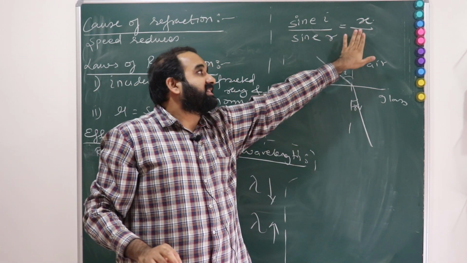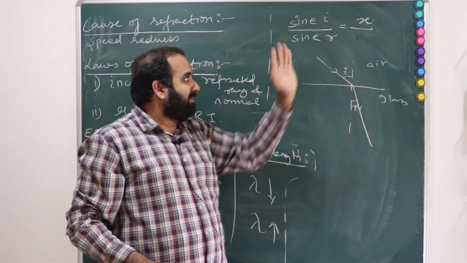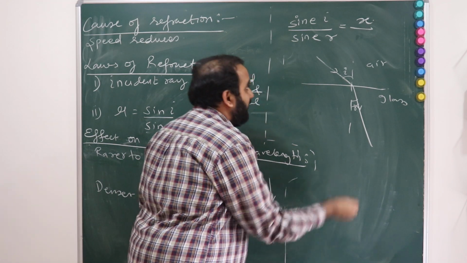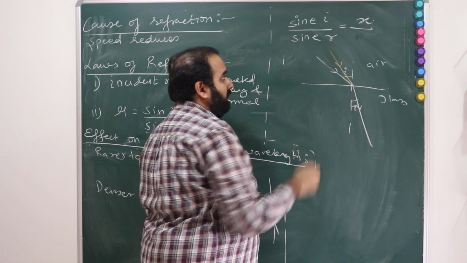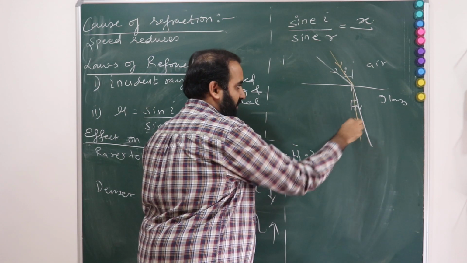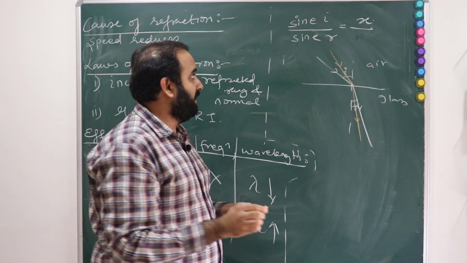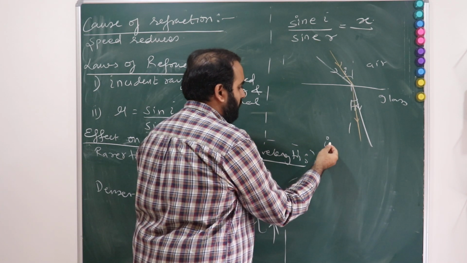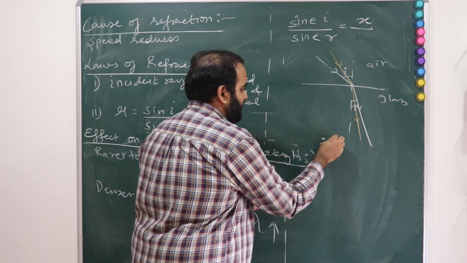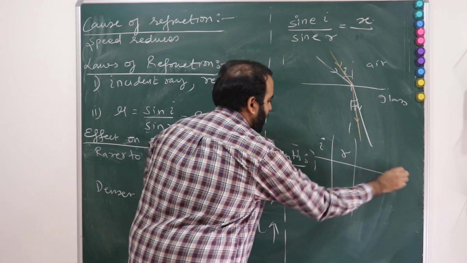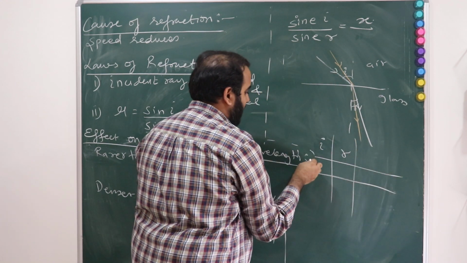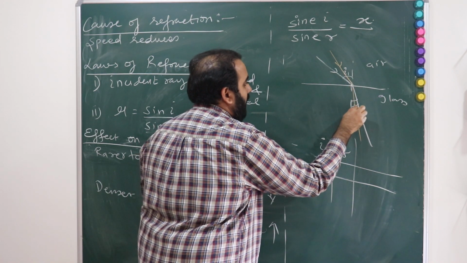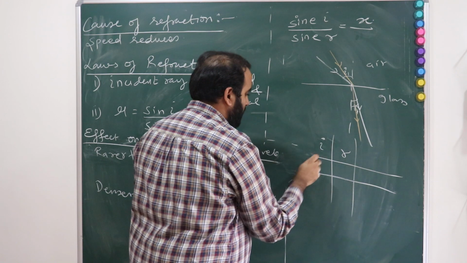I will get a certain value. And now what I am doing, I am changing the angle of incidence. I will use a different color chalk for this. I will take this, and then again my angle of refraction will also change. You agree to this? So for the first case, we hadn't given any names, so let's call them I1 and R1.